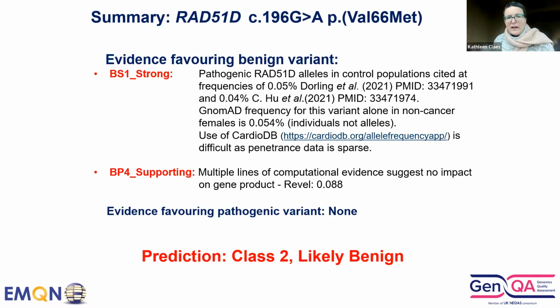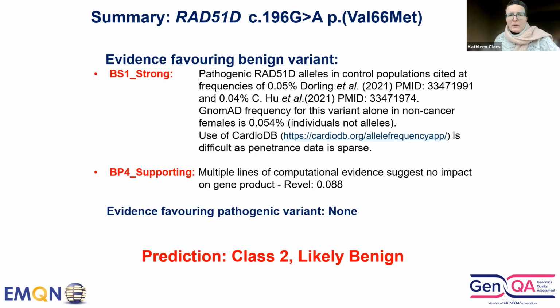How did we classify it? So we have several pieces of evidence favoring that it's a benign variant. So we think that we can apply BS1 strong. We also had some discussions about it because of where to put the cutoff.